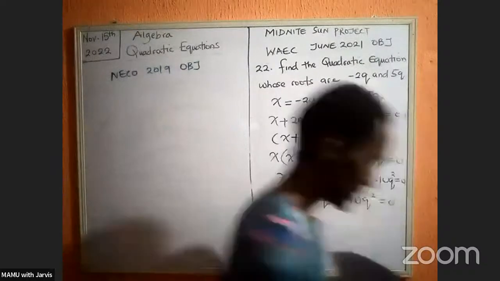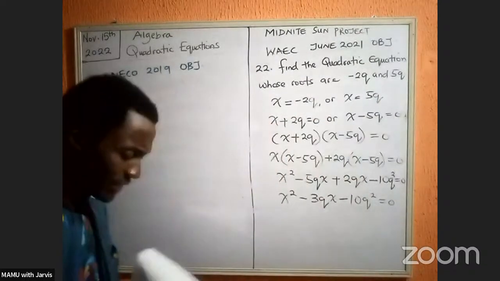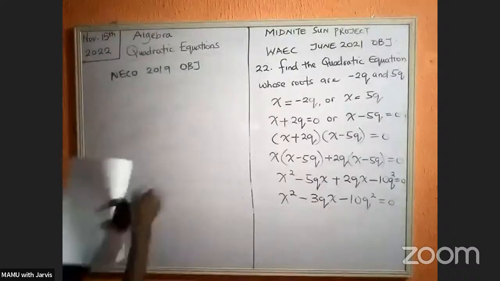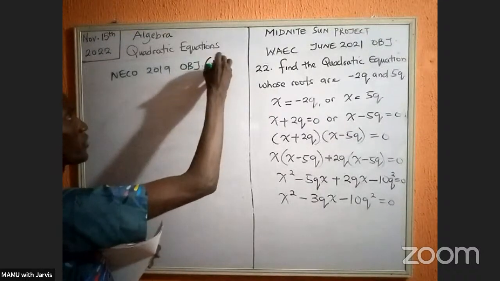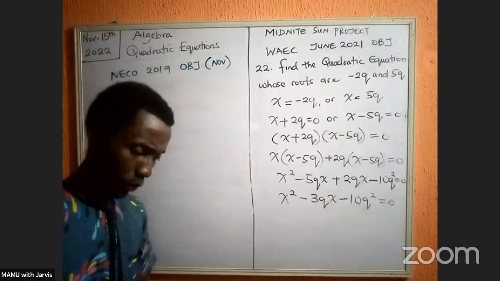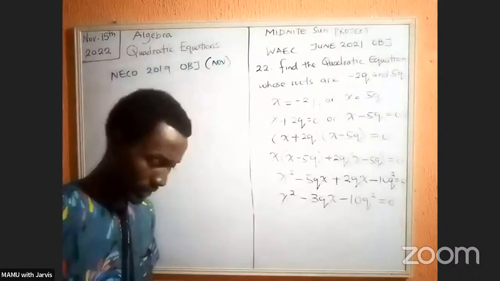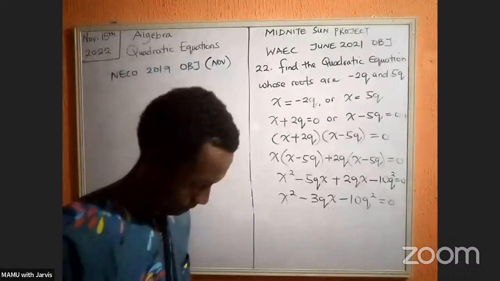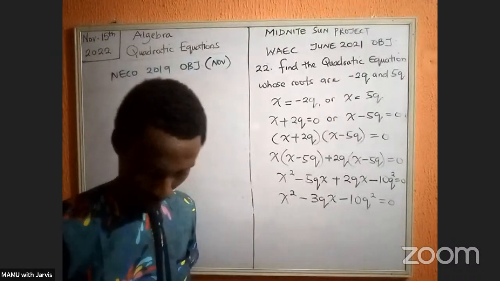So this is NECO 2019, and if I'm right, this is actually GC, I think it's a November exam. So let's see the question that has to do with quadratic there.